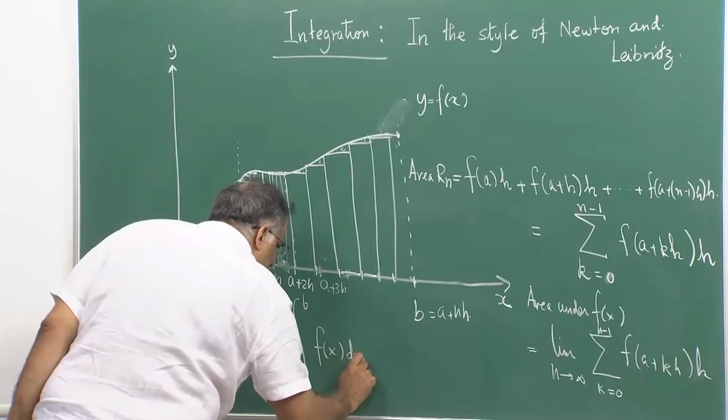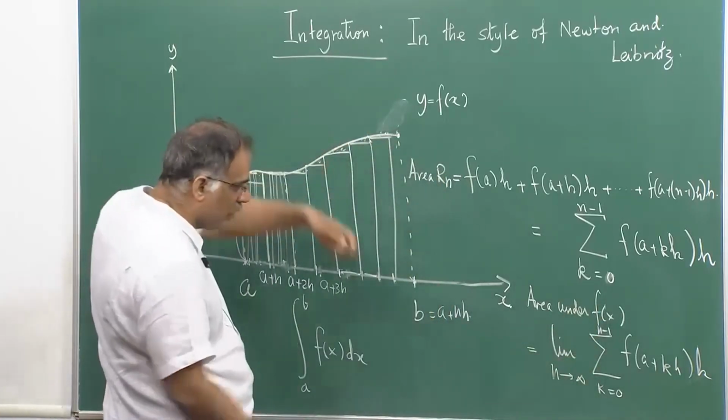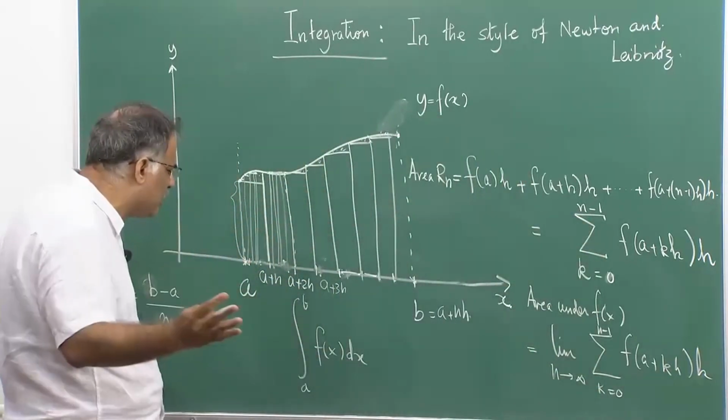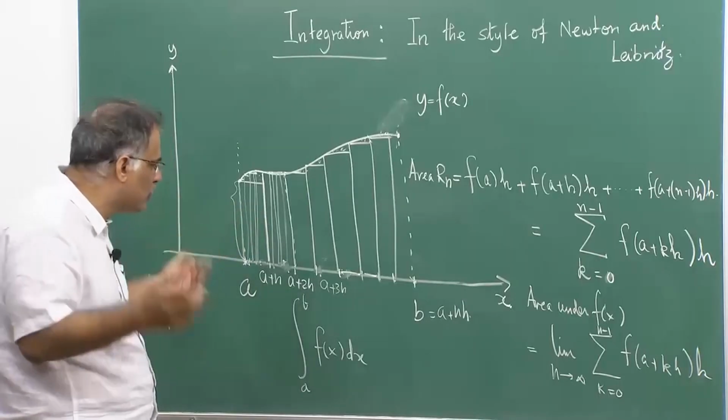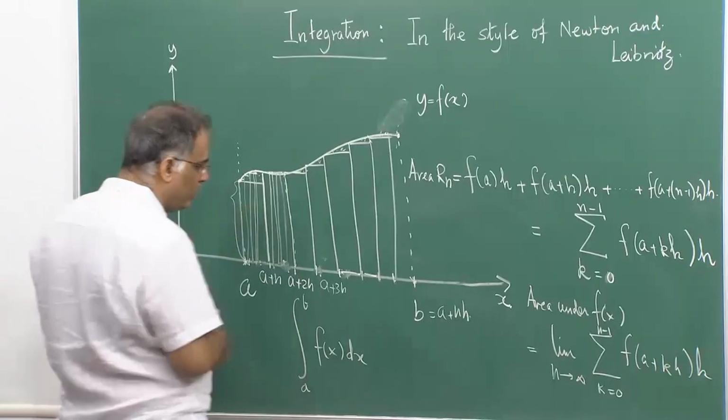So what is this? It is nothing but an extension of this sum. You are elongating the sum. Because n is now so large that there is no discreteness, it is almost continuous, a continuous sum. So a continuous sum, the integral, will give you the area.